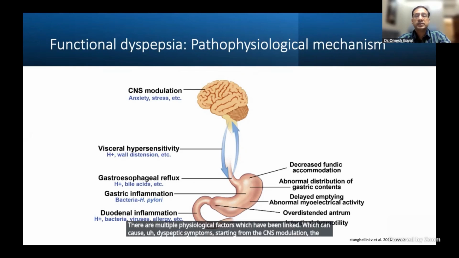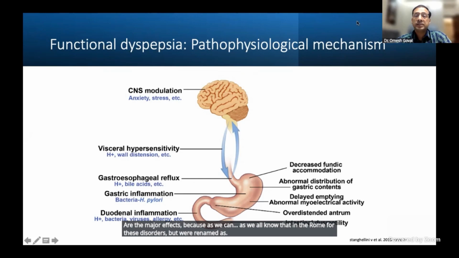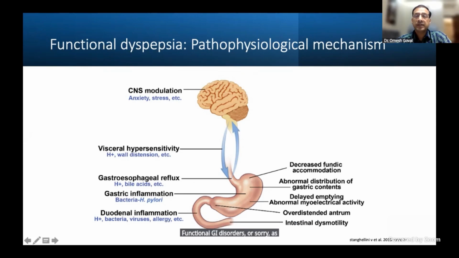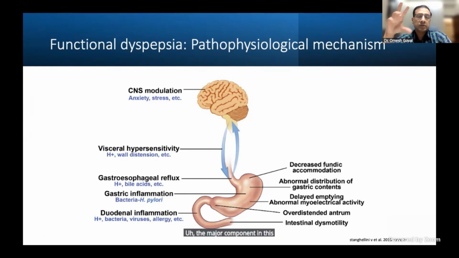The effects of the CNS are the major effects because, as we all know, in Rome 4 these disorders, initially termed functional GI disorders, were renamed as disorders of gut-brain interaction because the major component in these disorders is thought to be from the brain. So anxiety and stress modulate this presentation.